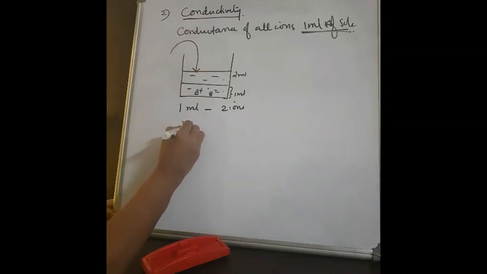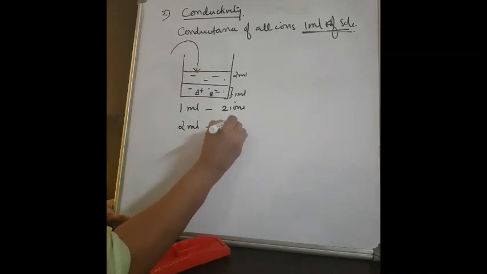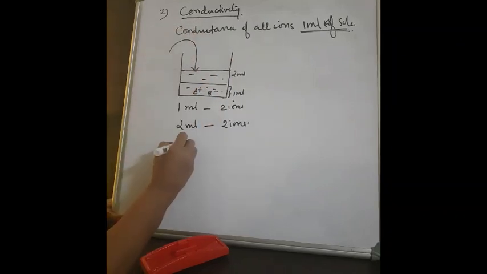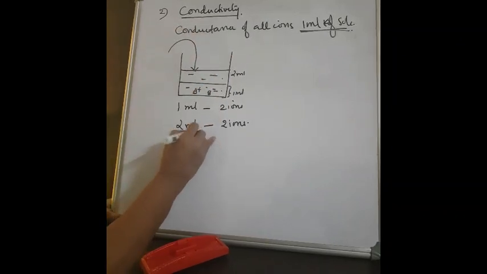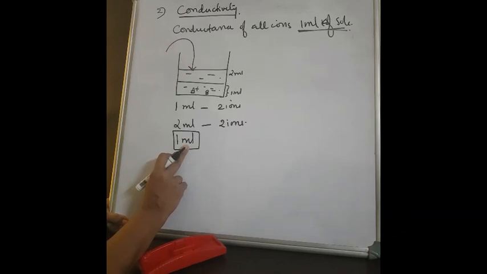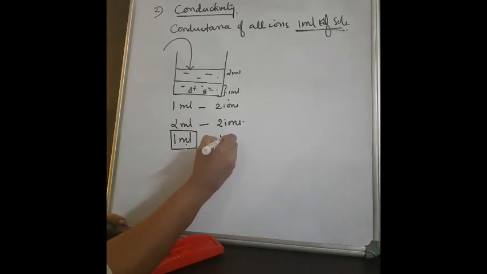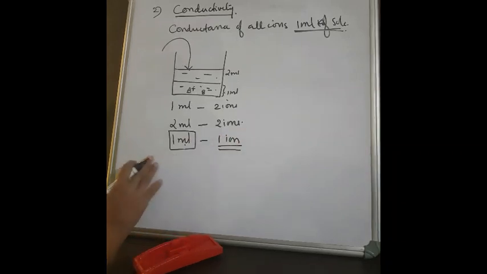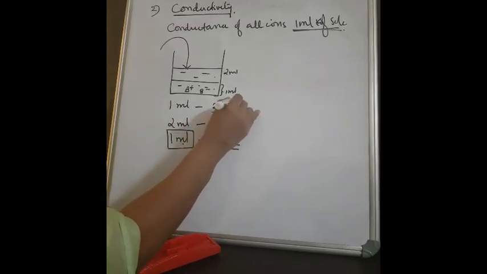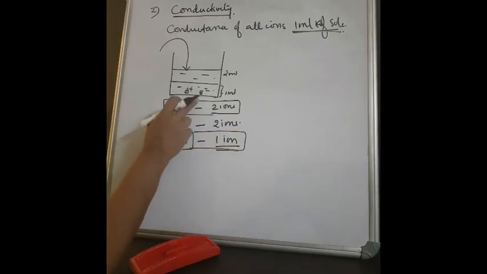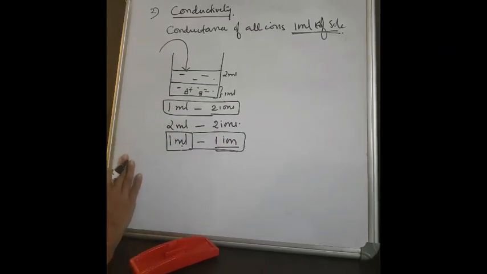Now, in 2 ml, it is having 2 ions, definitely. But what is our conductivity? It shows how many ions are present in 1 ml, correct? So, in 2 ml, if it is 2 ions, then in 1 ml, it is 1 ion. Now, what about the conductivity? When dilution happens, the conductivity is decreased.